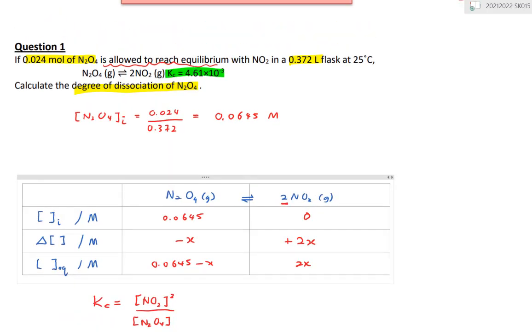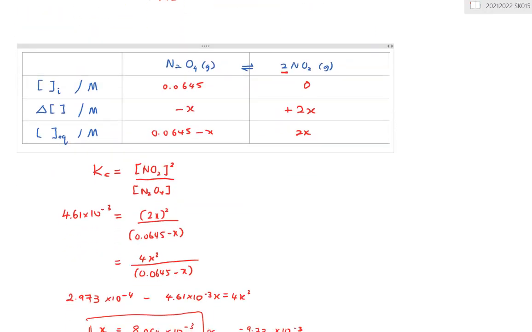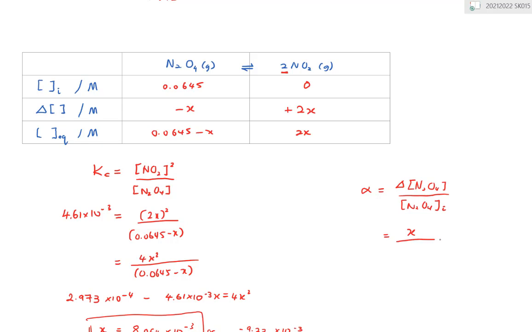Alright, so back to the question. To calculate the degree of dissociation of N2O4, we come up with the formula: degree of dissociation equals the change in concentration of N2O4 over its initial concentration. In this case, the change in concentration equals the value of x, and the initial concentration is 0.0645.